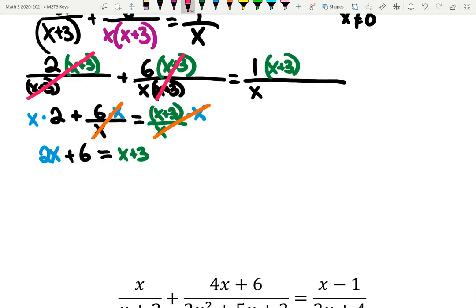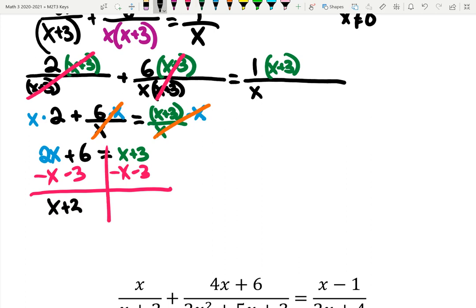I want to get one side equal to 0, so I'm going to subtract x and negative 3, x and negative 3. This is going to cause it to be x plus 3 equals 0. What number plus 3 is 0? Oh, well, when x is negative 3, that will cause it to be 0.